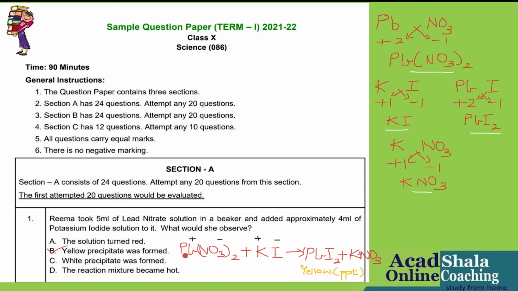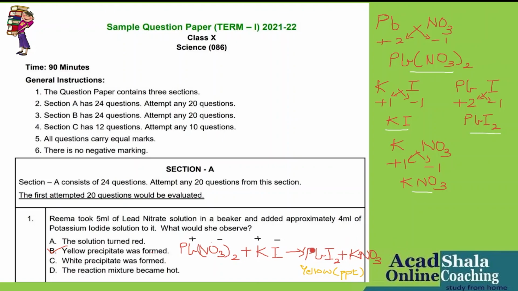This lead will go towards iodine, forming lead iodide, and this K will go towards nitrate, forming potassium nitrate. I have written this formula, but how? By doing the crisscross method in my rough. Pb plus 2, I minus 1, crisscross: PbI2. K plus 1, NO3 minus 1, crisscross: KNO3. I have written that also.